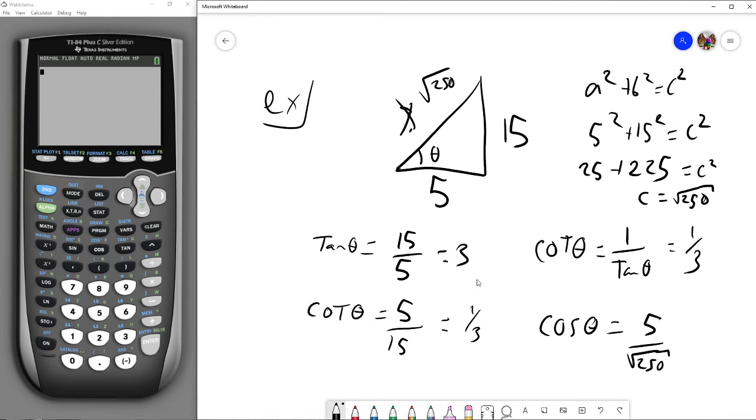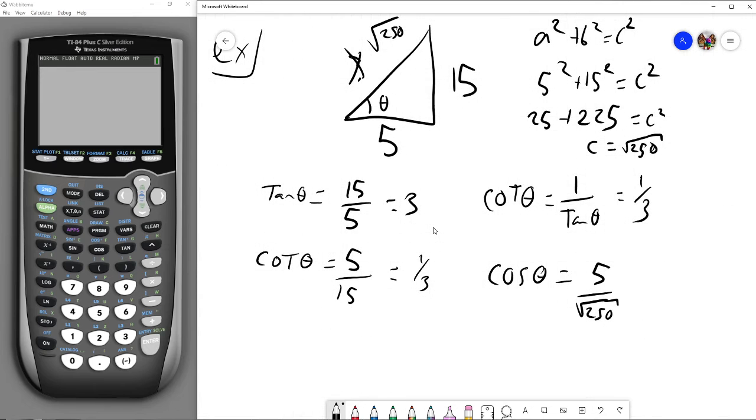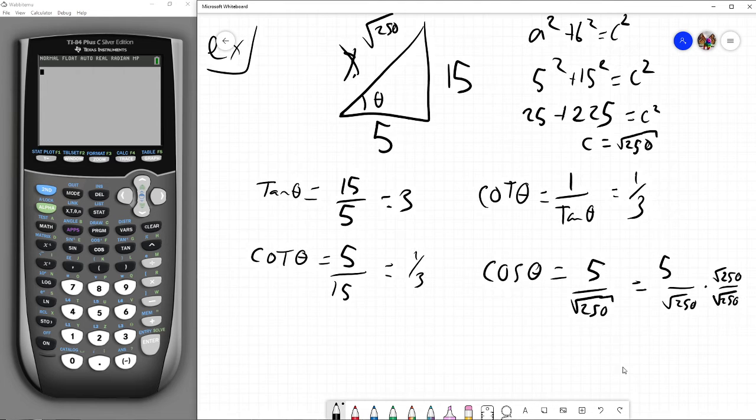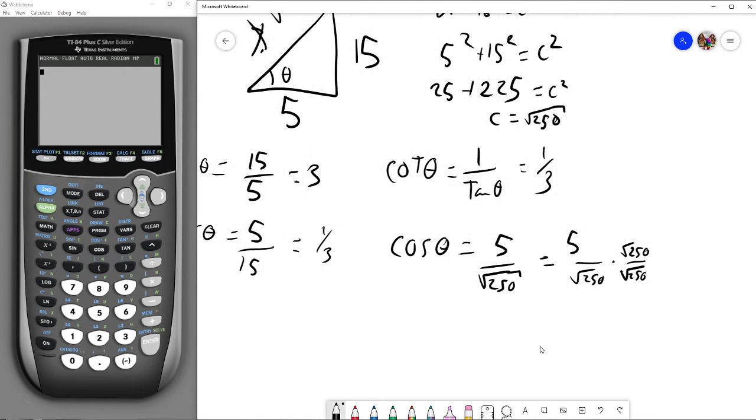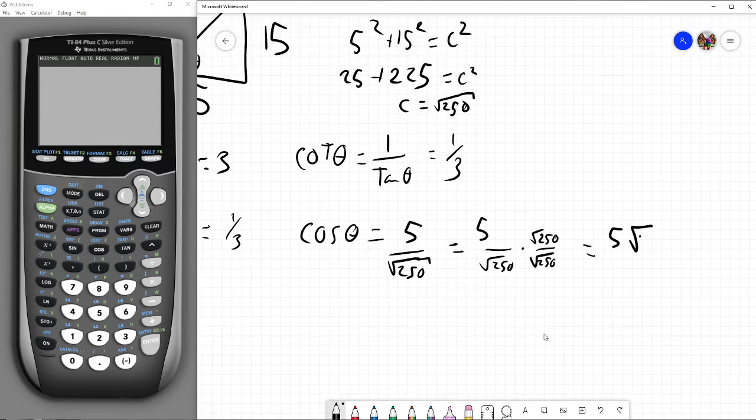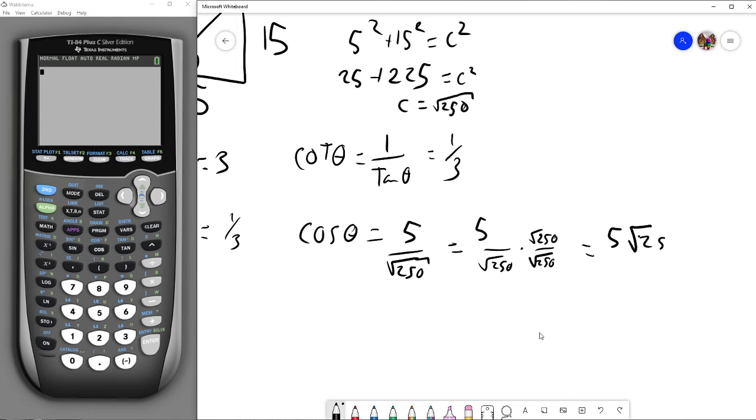Now, depending on your instructor, you'll have to rationalize the denominator. So this is root 250 times root 250 over root 250. This is equal to 5 root 250 over 250.